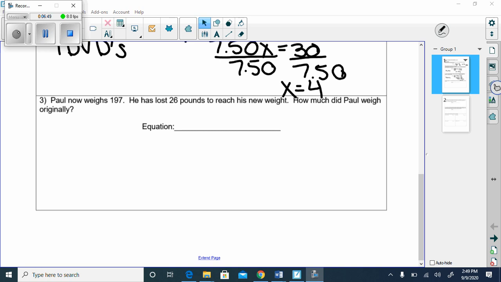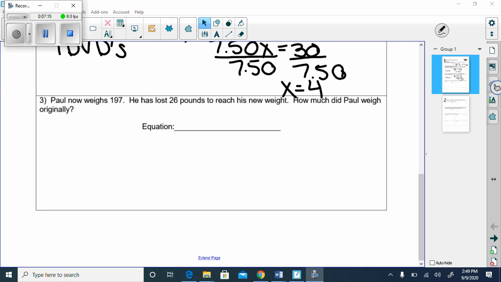I did an addition equation. An addition equation? Okay, how come? Because you lost it. Uh-huh. It was searching for the original, so instead of subtracting, we would add it. Okay, so what equation did you write in your blank? 197 plus 26. Okay. Right, we are looking for x, right.